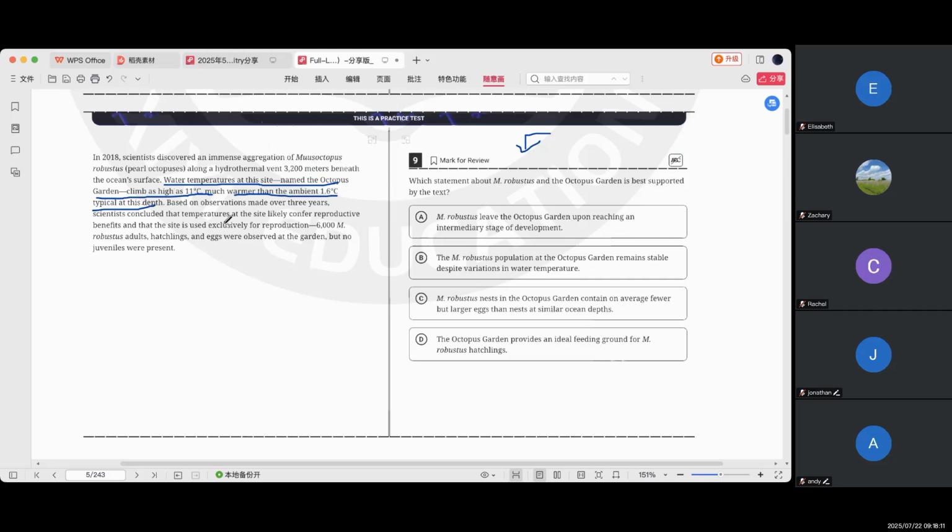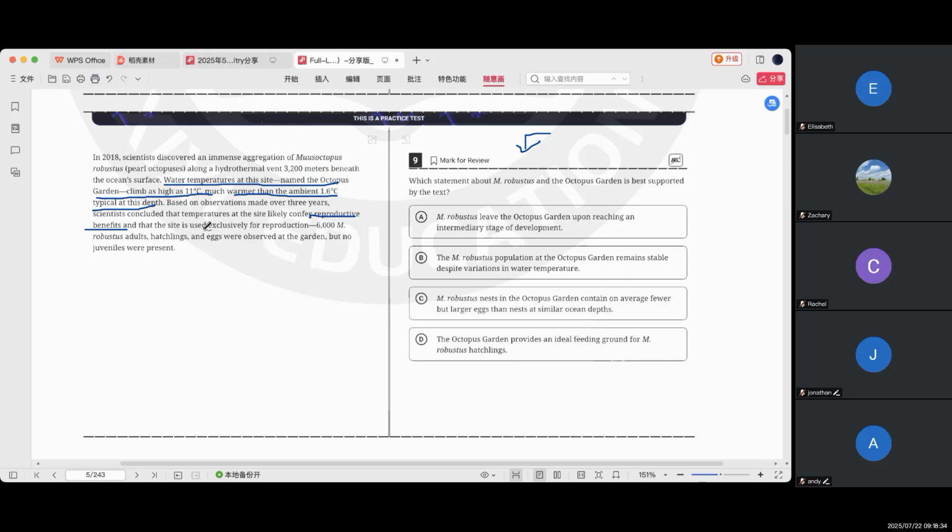The main idea from this passage is that there's an immense aggregation of octopuses at this specific site because of the high temperature. The unusually high temperature here enables them to have some reproductive benefits.